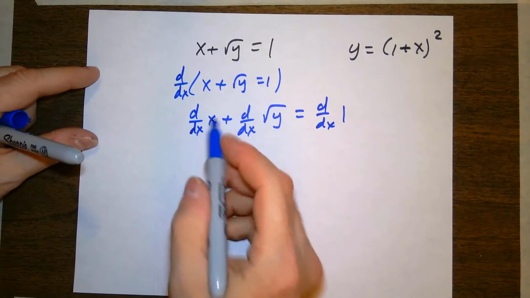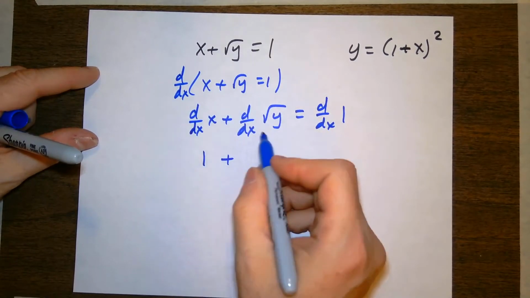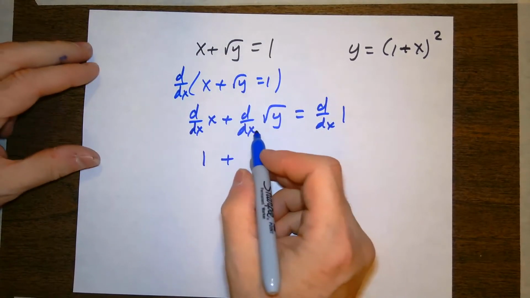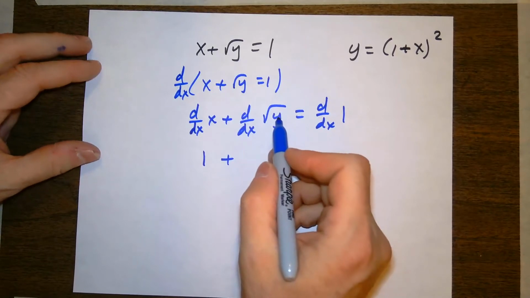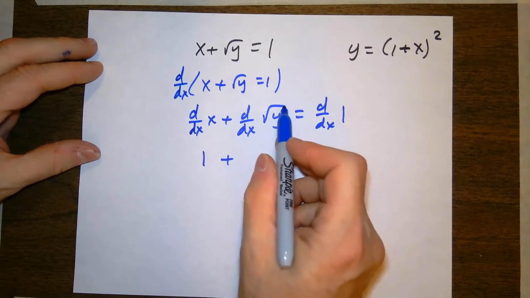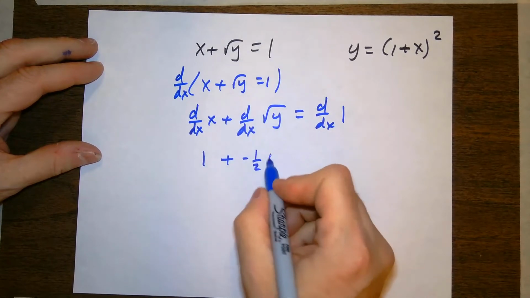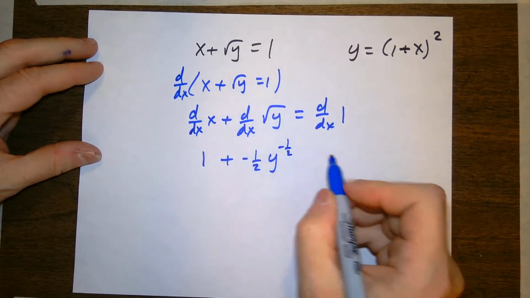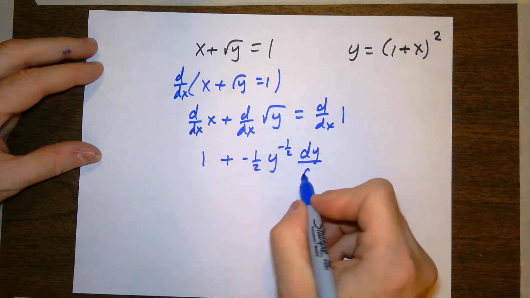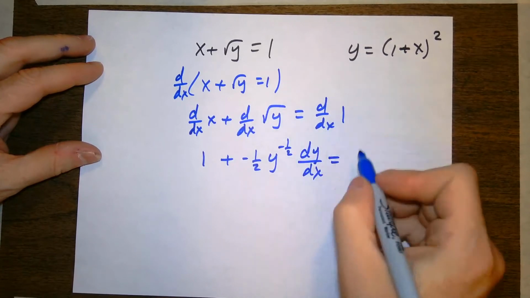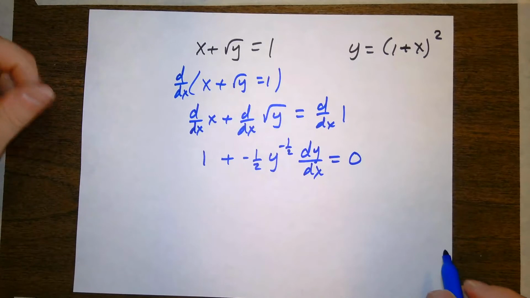The derivative of x is just going to be 1. The derivative of the square root of y, now think about this as y to the 1/2 power, is going to be 1/2 times y to the negative 1/2 times dy/dx, equals, and the derivative of a constant is 0.